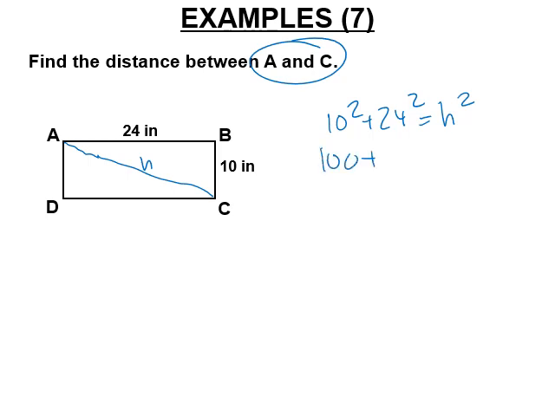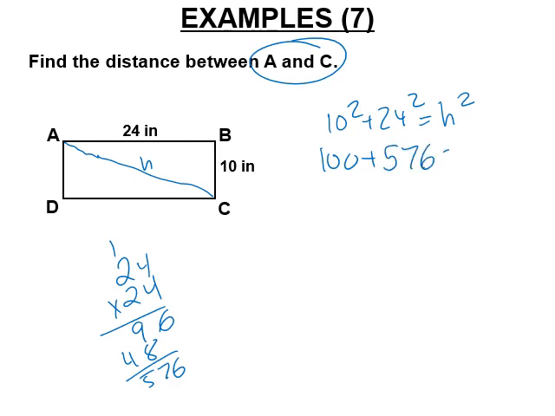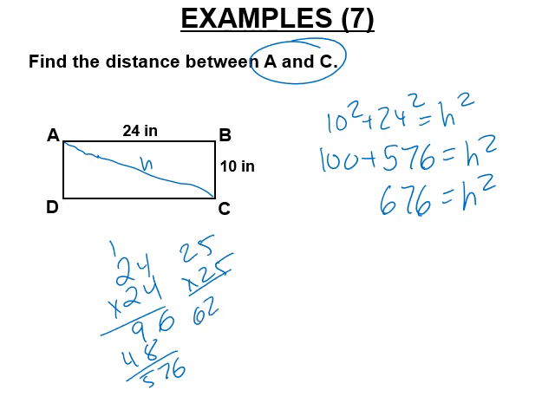It's 100. 24 times 24 we did the other day. It is 576. 100 plus 576 is 676. Right? We hopefully know 25 times 25 is 625. I'm not going to show the work there. So something bigger than 25 times 25 is 676.